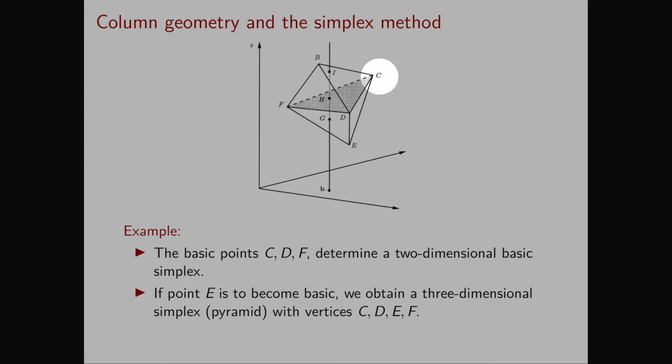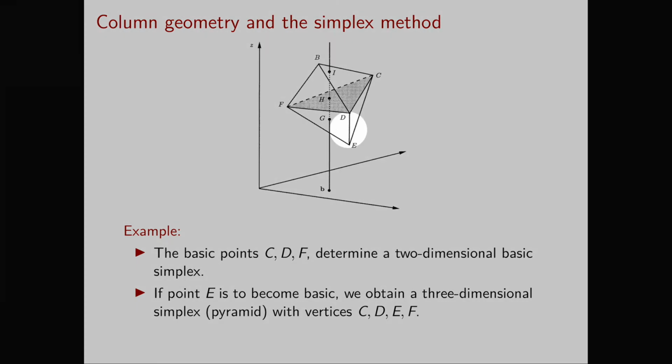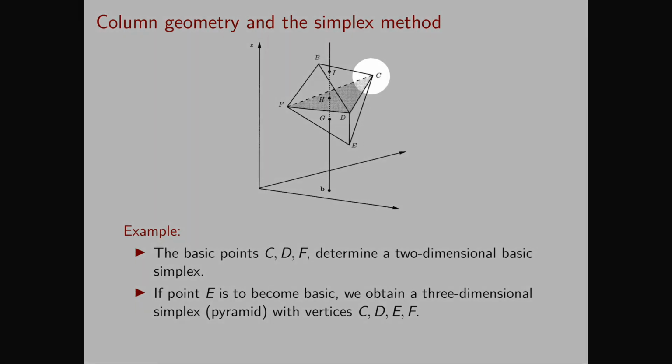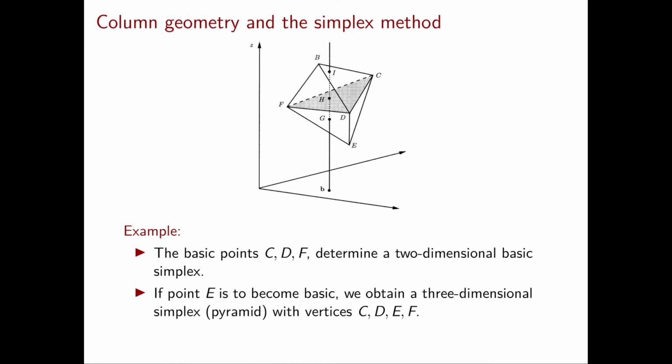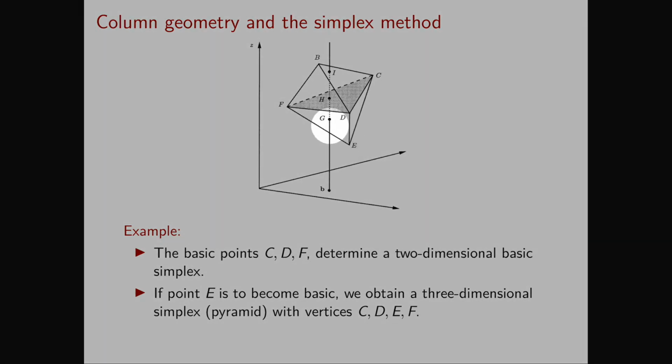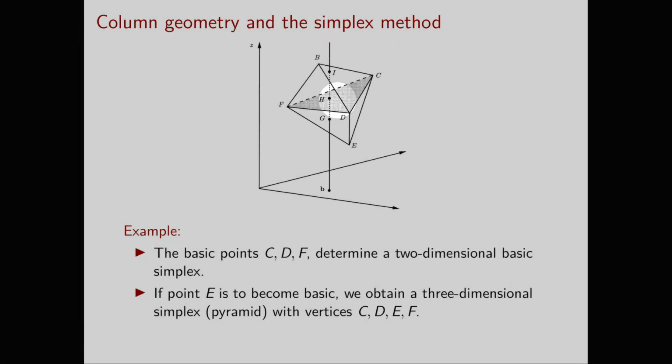If C leaves the basis, then the simplex will be DFE. If F leaves the basis, the simplex will be CDE. And if instead D will leave the basis, we will have the simplex CFE, which is in the back of this picture. So we have three new two-dimensional simplices and the old two-dimensional simplex.